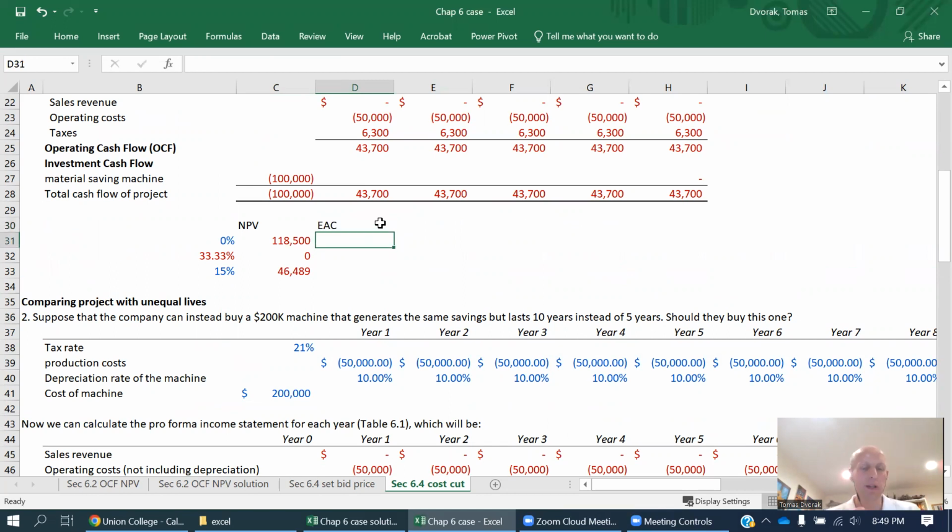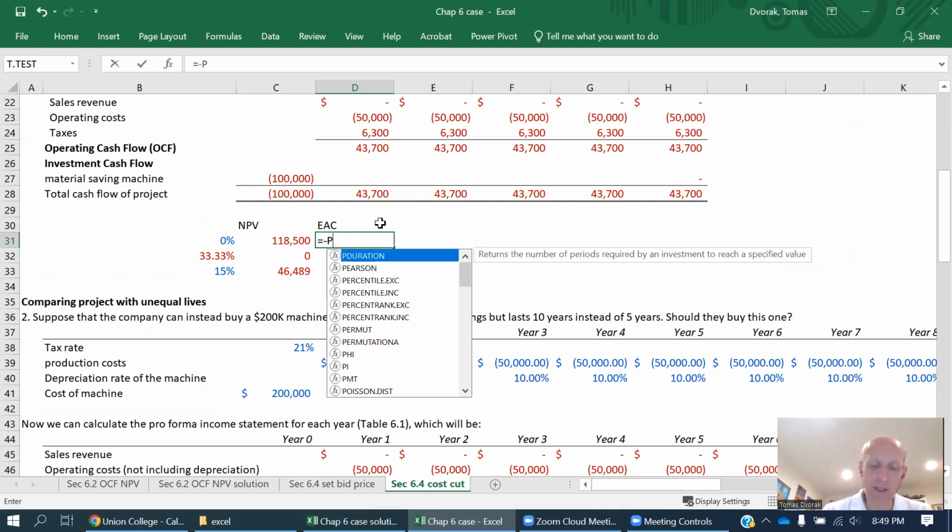The equivalent annual cost is calculated as the value of payments that are equivalent to the net present value. When you think of those arrows that we draw when we calculate time value of money problems, we could see that the benefit of 118,000 today could be translated into equivalent payments over the next 5 years, since this is the 5-year machine.